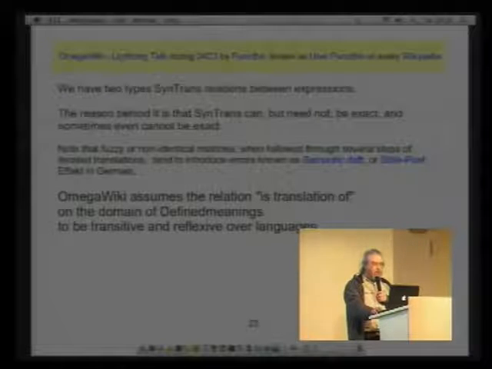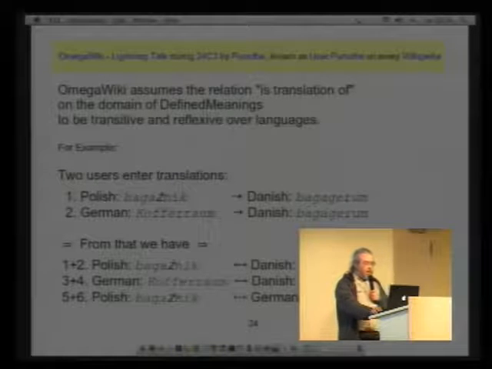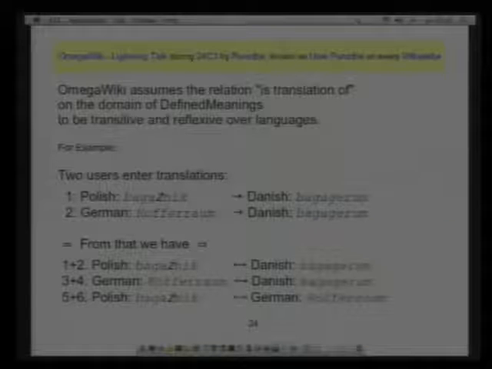In OmegaWiki, we assume that translations are symmetric and transitive. That means when someone enters a translation in one direction, the reverse direction is always included automatically.